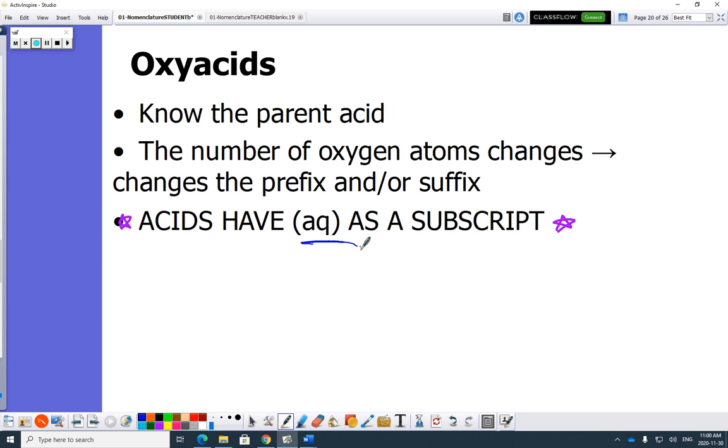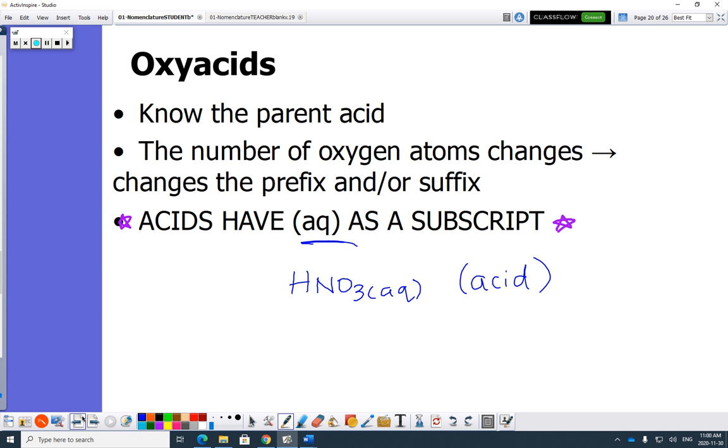What I'm going to do, I'll write both. So I'll put AQ like this, and then in brackets, I'm going to write acid, so that you know to name it as an acid. But I believe in the textbook, it might just use the AQ there.